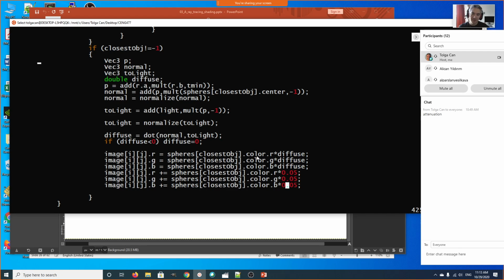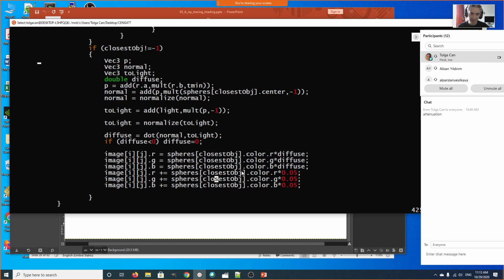Here, the color of the object is between 0 and 255, and the intensity of the light is between 0 and 1. So it's not a correct implementation. If you want to use part of this code that I shared with you, be really careful about this, all right? This is implementing it in a different way.